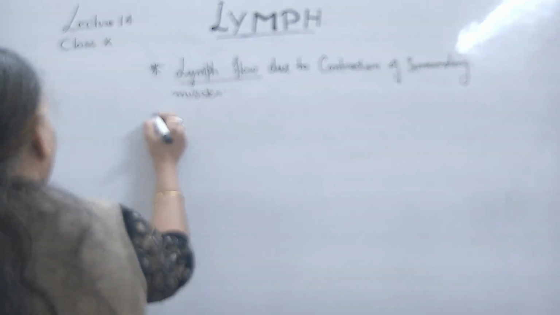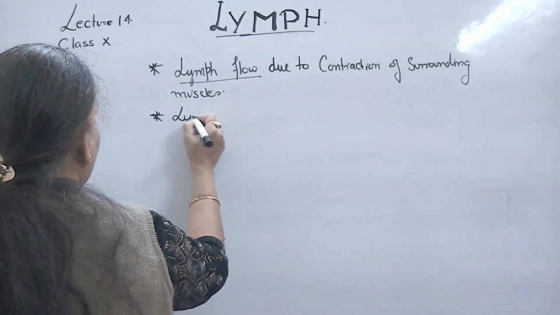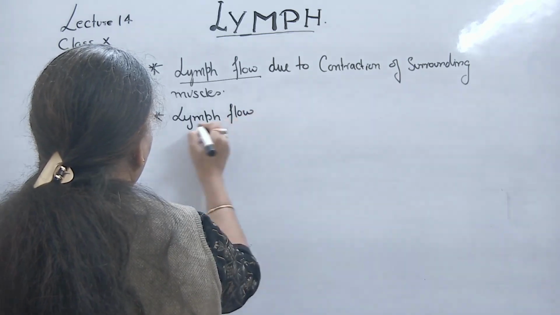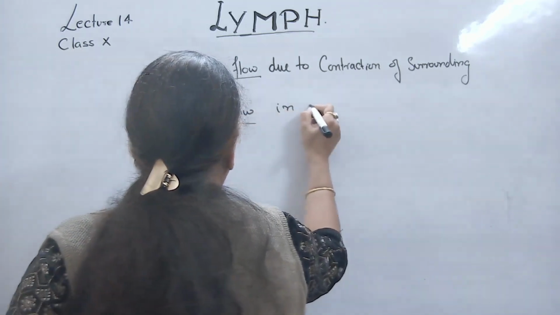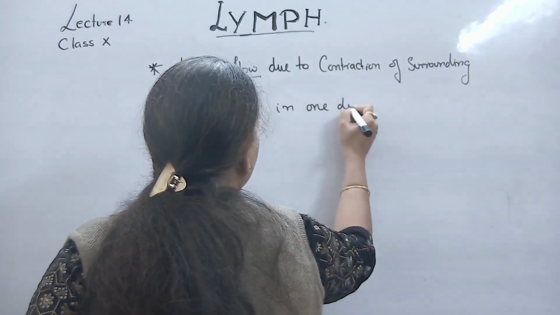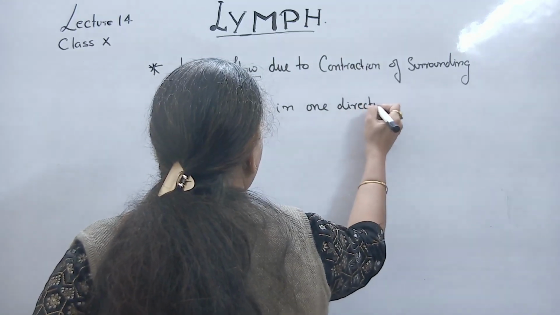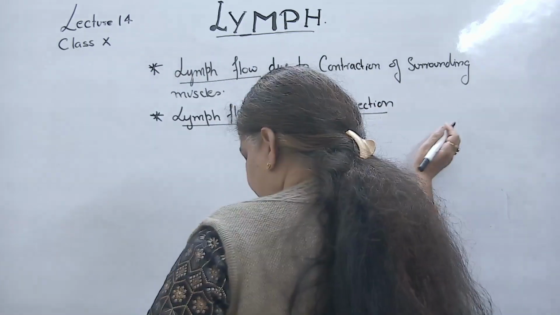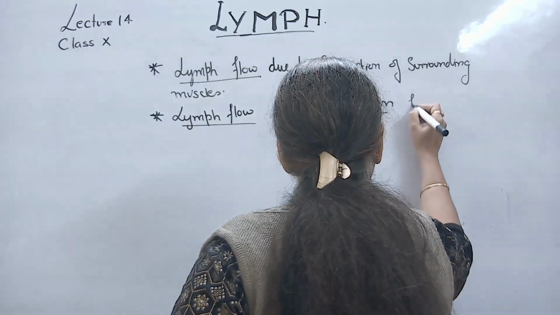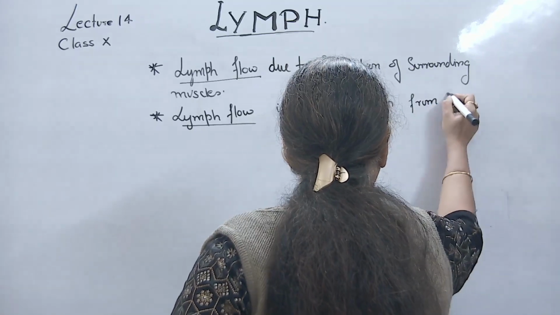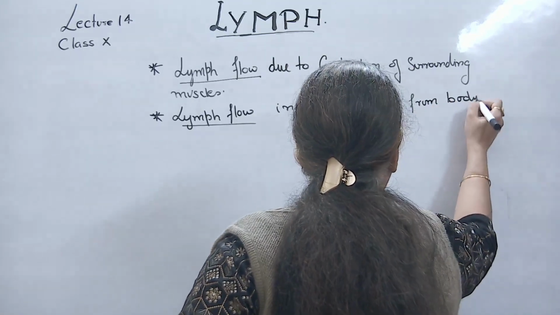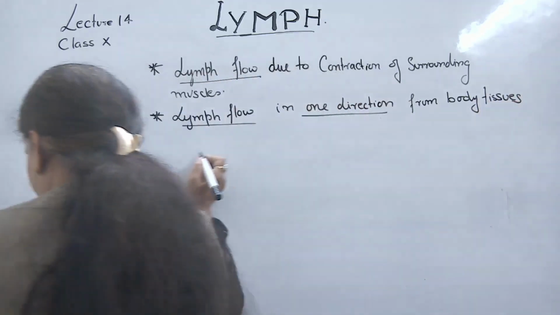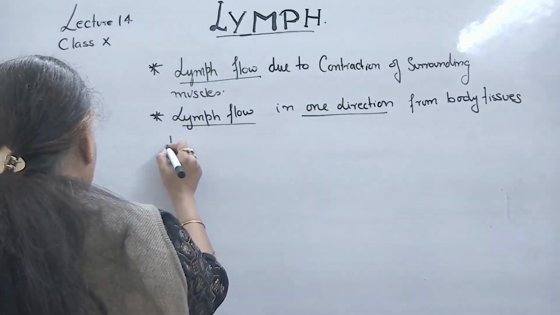Another important point is lymph flow is unidirectional, from body tissues to heart.